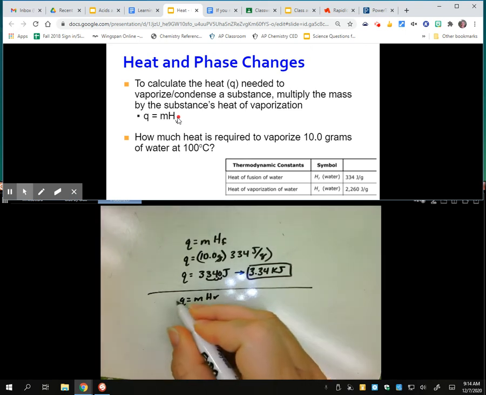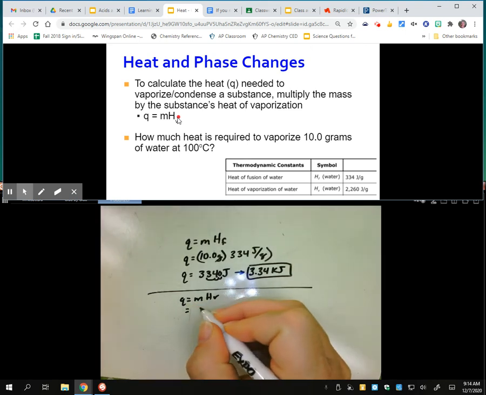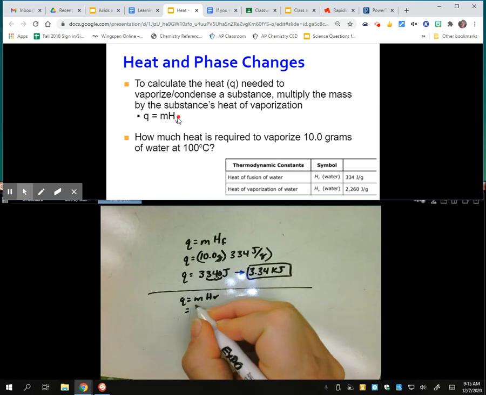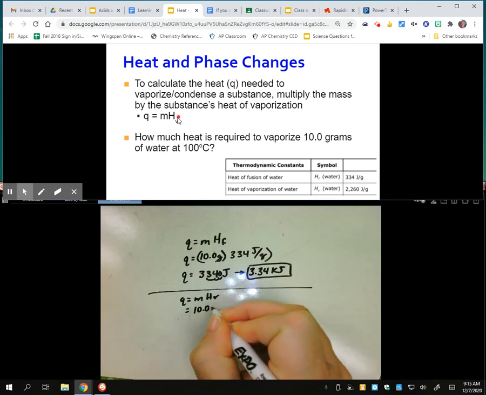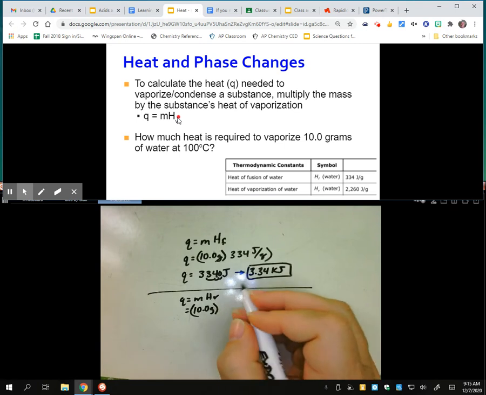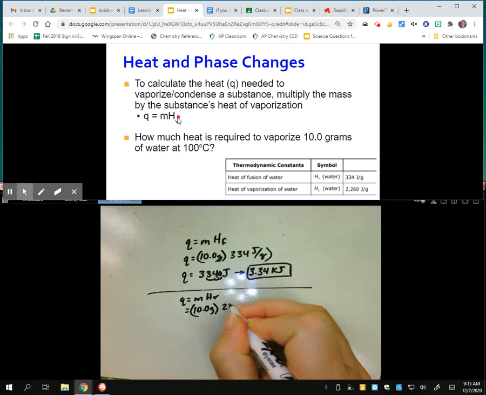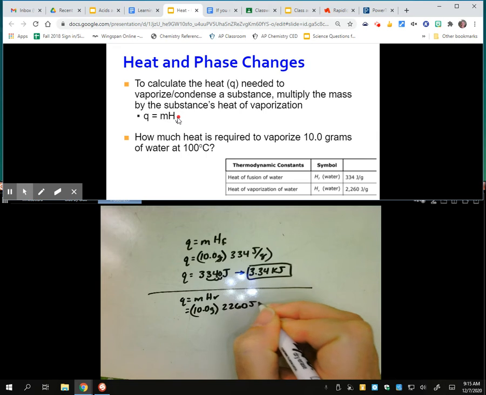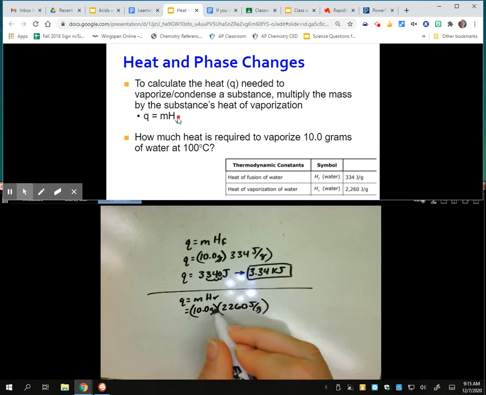And I'm looking for Q, because I'm looking for heat, and the mass is 10 grams again, times my heat of vaporization, because I am vaporizing this substance. And we'll use that. It's at the bottom of the slide there from the reference tables. Grams cancel out, and so I'm left with 22600 joules of heat.